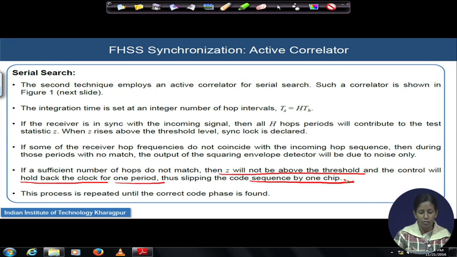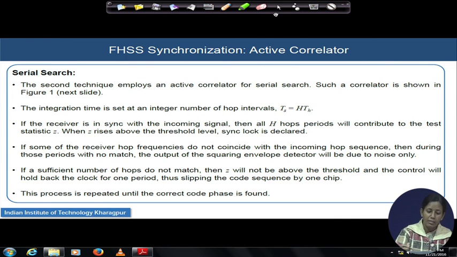So, one chip at a time the slip goes on, until the z value of the test statistic improves and you get a sufficiently high value to cross the threshold. Till that point, the control circuit keeps on holding back the clock and the slipping goes on chip by chip.